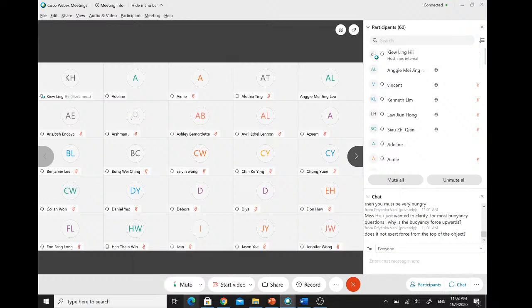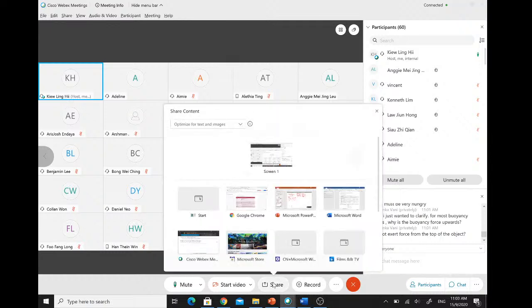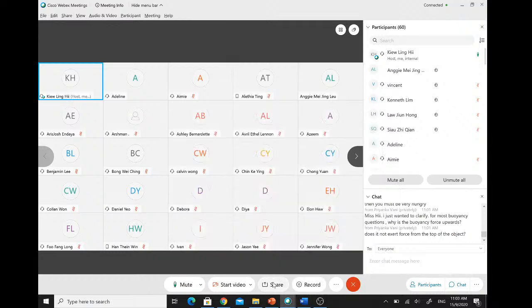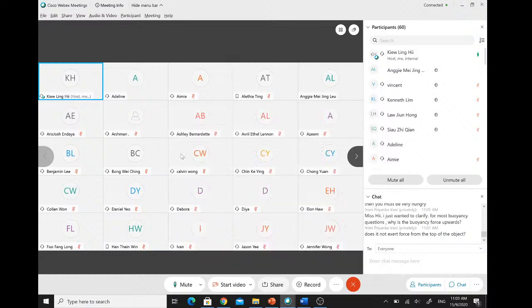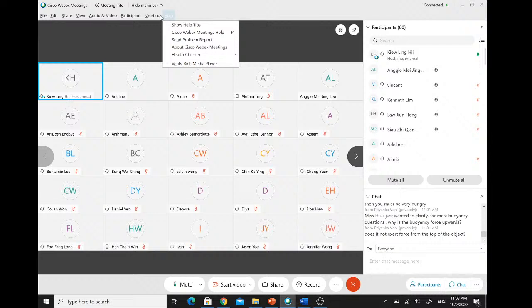Okay, there is a question about the previous topic, buoyant force. Why is the buoyant force always moving upwards? It is because of the pressure.